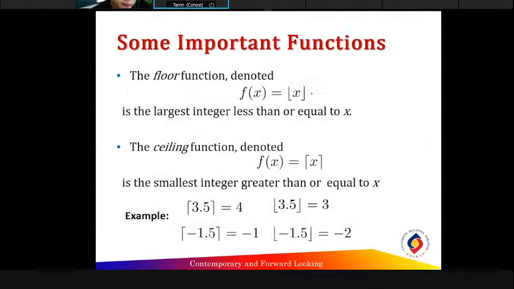And then there are these two unique functions. They are actually unique to computer science. When you're doing your programming, your coding, sometimes you would apply the floor and ceiling function because you are trying to, for example, do a certain display.